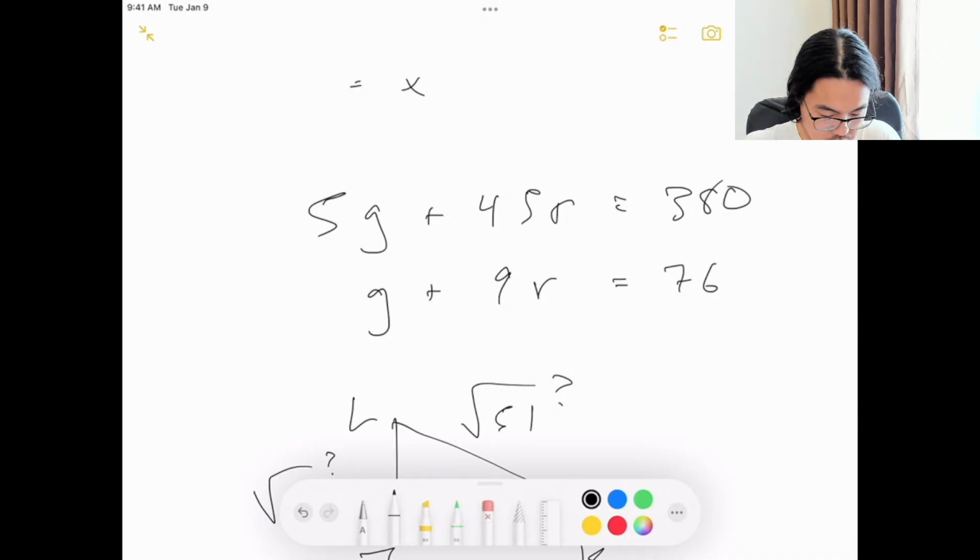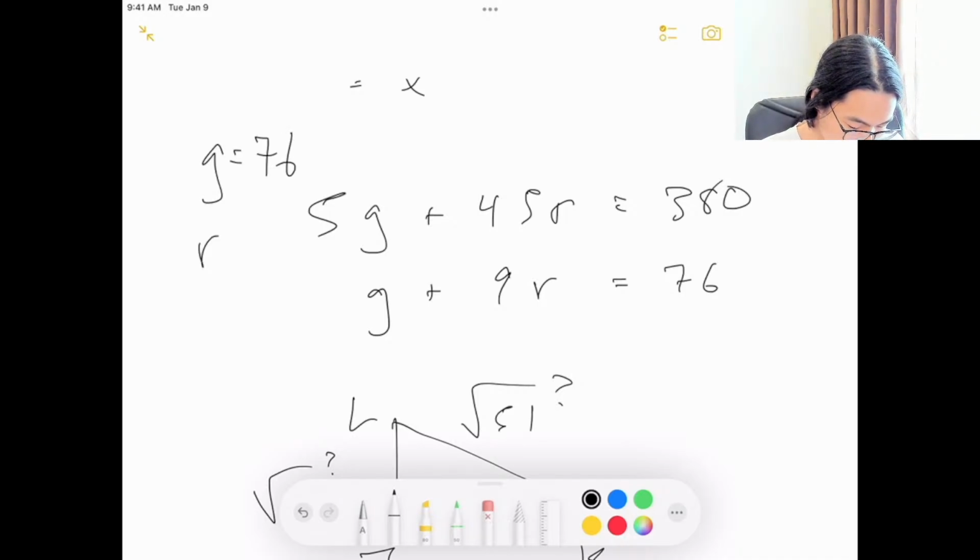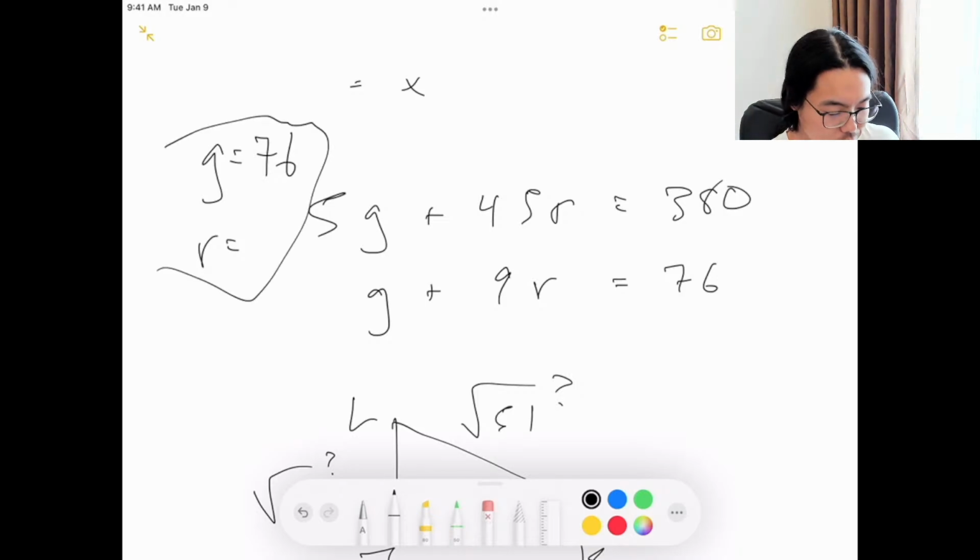G doesn't equal 76. I don't know how to annotate or mark this correctly because I haven't done math in a long time. I don't actually mean G equals 76. I mean that token is worth 76.